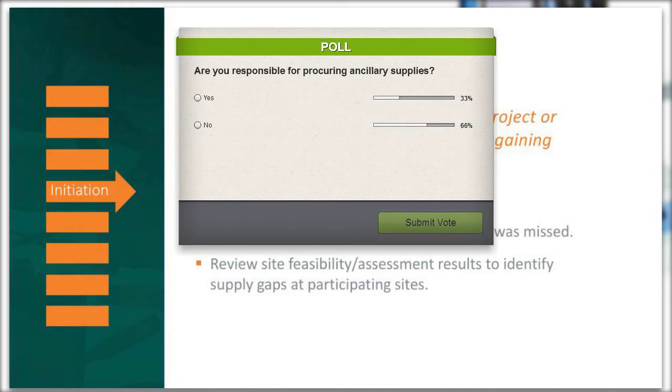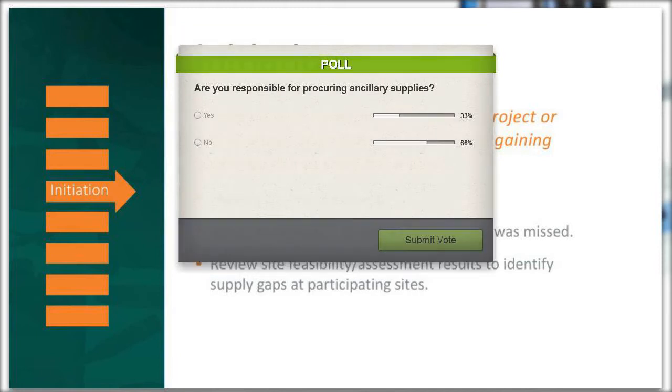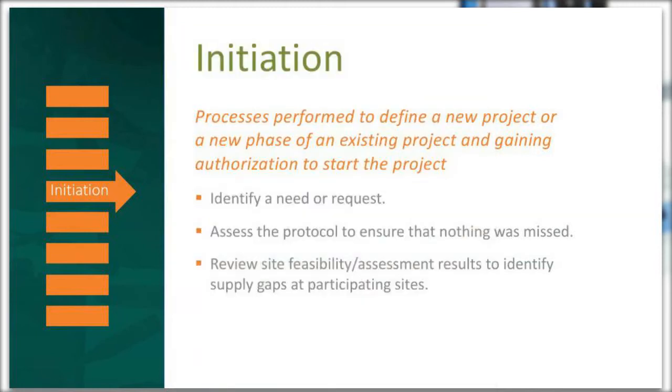Okay, great. Thank you very much. Looks like about 1/3 of you are responsible for your ancillary supplies, and the other 2/3 are not. Which is actually very aligned to what we tend to see. A lot of times ancillary supplies become somebody's responsibility even though that is not their primary role.